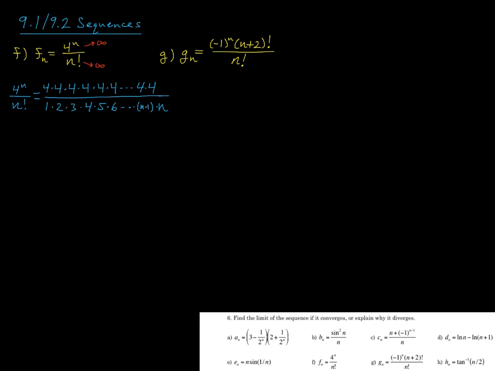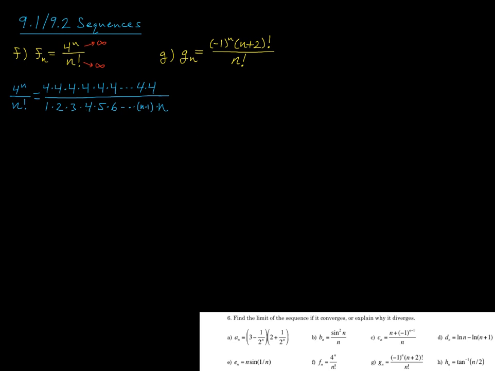So 4 times 4 times 4, all the way up until we get to our nth 4. I've included all these intermediate factors to emphasize the next couple of steps. Downstairs we have n factorial, which is 1 times 2 times 3, all the way up until we get to n.